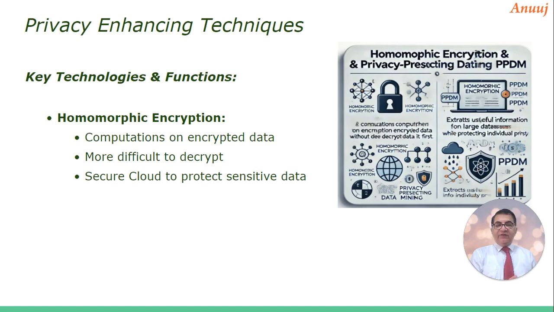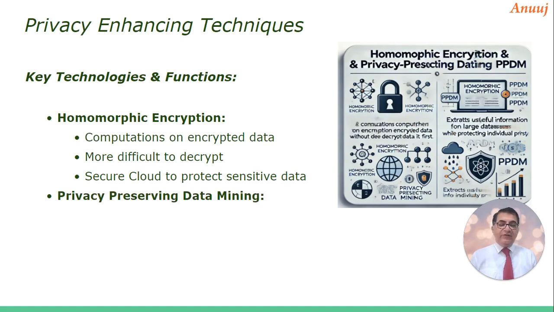So when someone even steals that data or has access to that data without the tool used for homomorphic encryption, he does not know the computation algorithm, he does not know the decryption key, so he cannot access the data, read the data, or of course misuse it. So it is very useful when you are securing data on cloud.